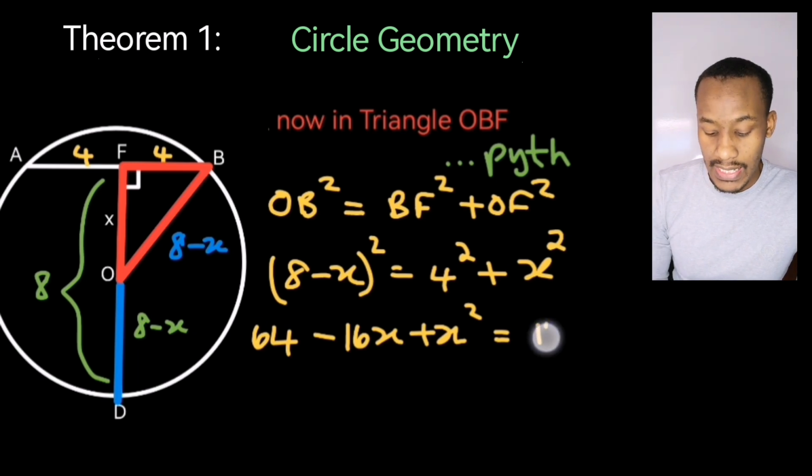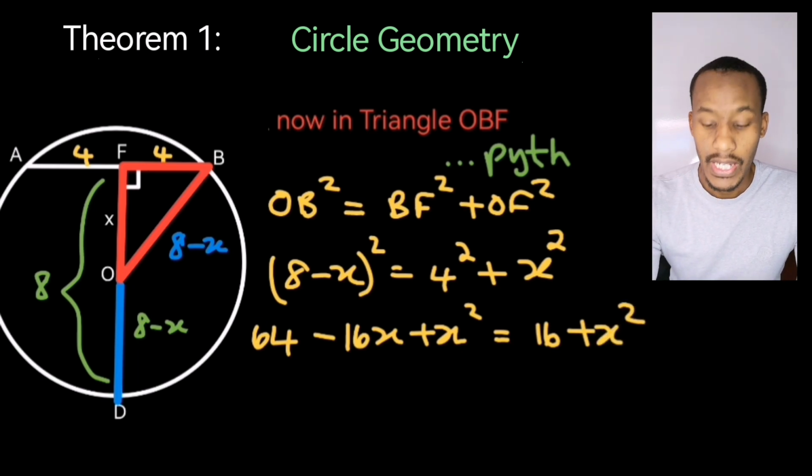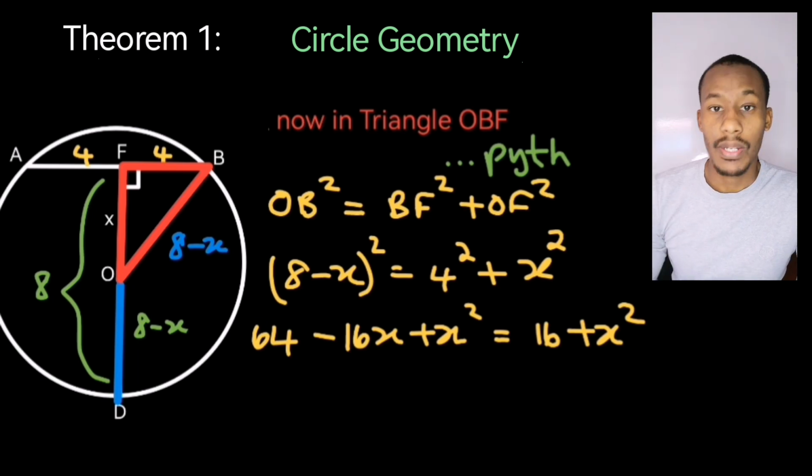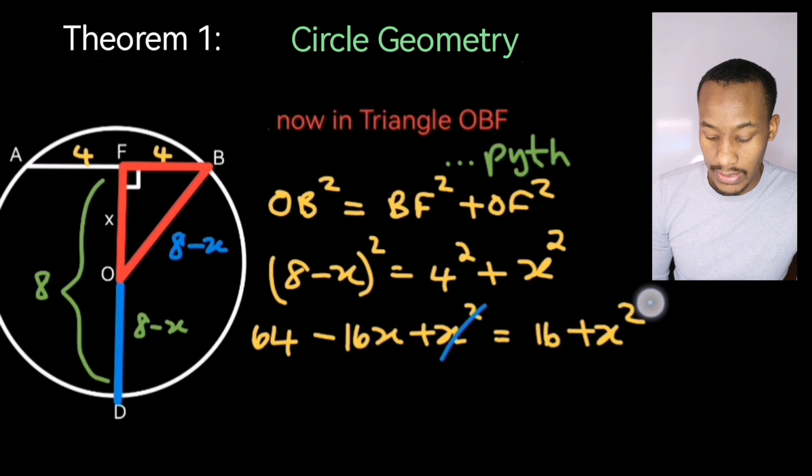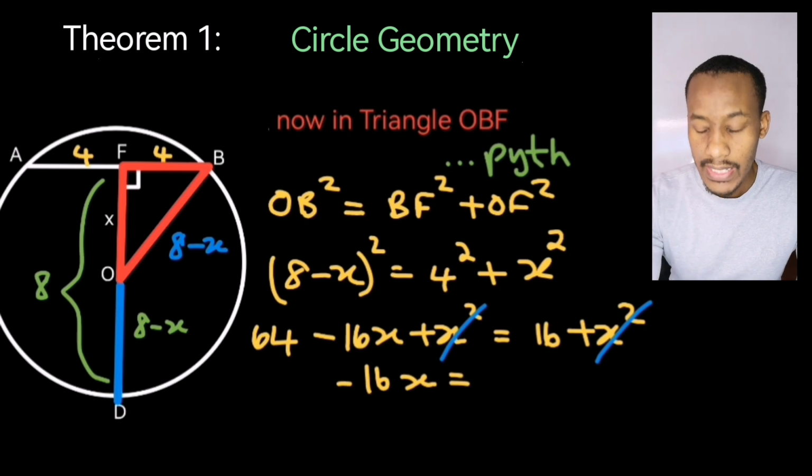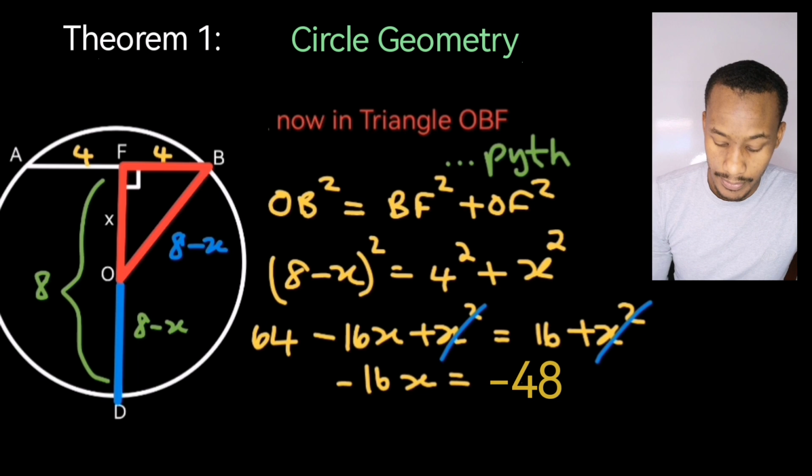Then 4 squared is 16 and X squared remains as it is. Notice now if I take the X squared to the other side, it will cancel with the other X squared. So I'm just going to go ahead and cancel that X squared. We'll be left with negative 16X on the one side, and then 16 minus 64 is negative 48.